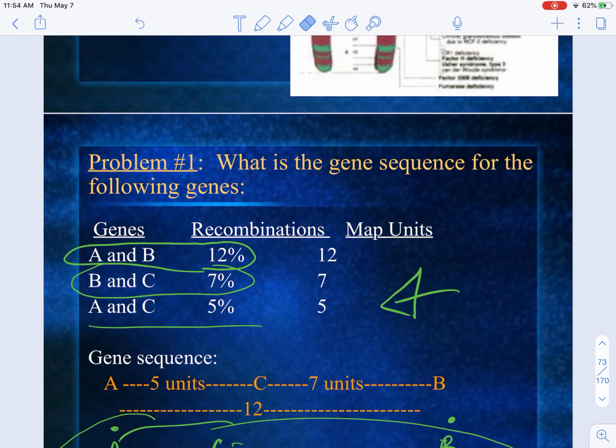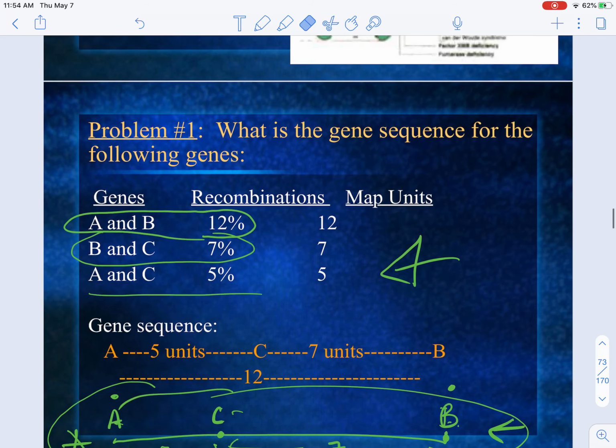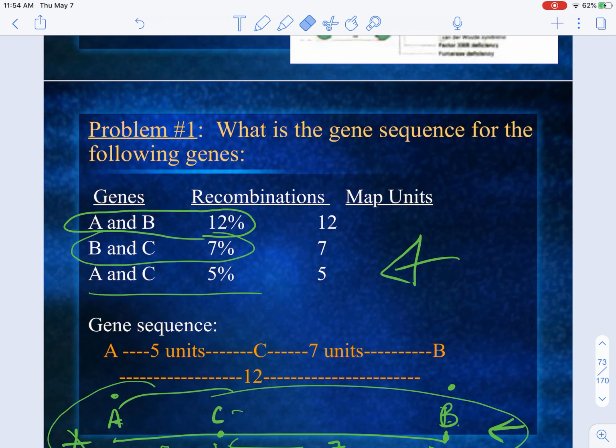Remember the chart of percentages is just telling you how often crossing over happens so that you know how far apart those genes are on the chromosome, because of how often they recombine, the percentage of the time they recombine when crossing is done with those individuals, looking at only those traits, 2 at a time.